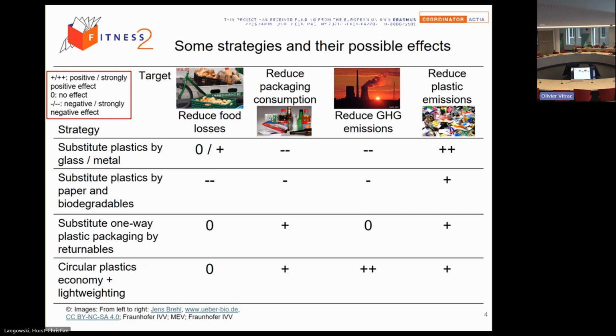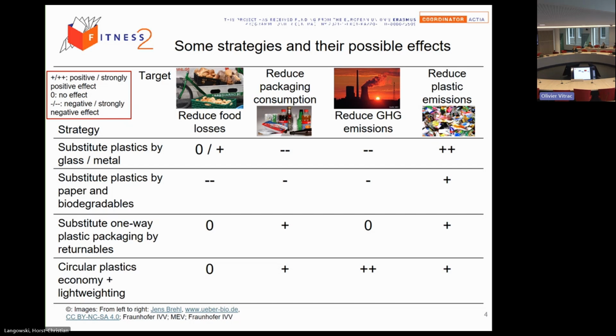So it's a problem that could be solved if you look at the strategy which creates relatively low additional environmental effects, which is circular plastics economy on the one hand and light weighting of the packaging on the other hand, because this also reduces the packaging consumption in total weight.